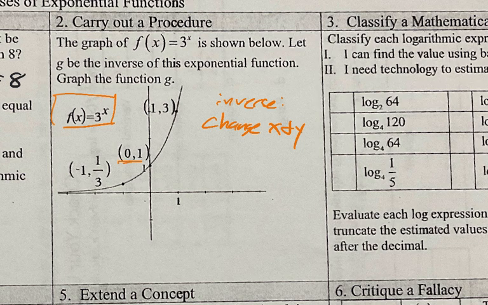So if 0, 1 was a point of f, then that means the point 1, 0 must be on the inverse. If I have the point 1, 3, then that means 3, 1 must be on the inverse. And negative 1, 1/3 means that 1/3, negative 1.